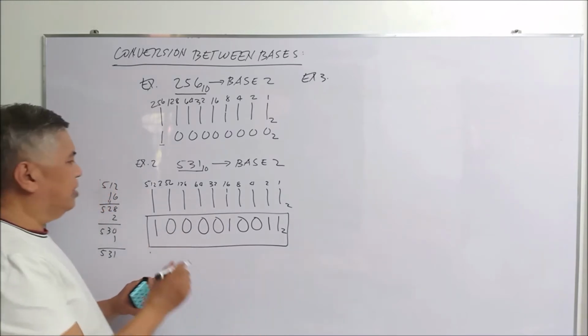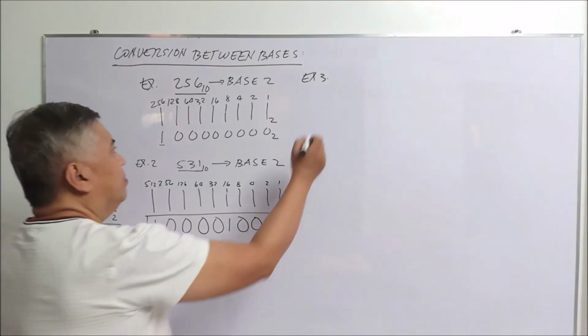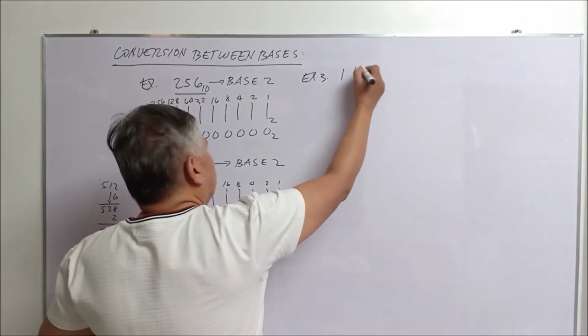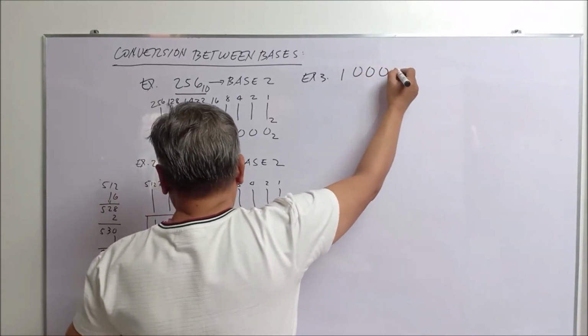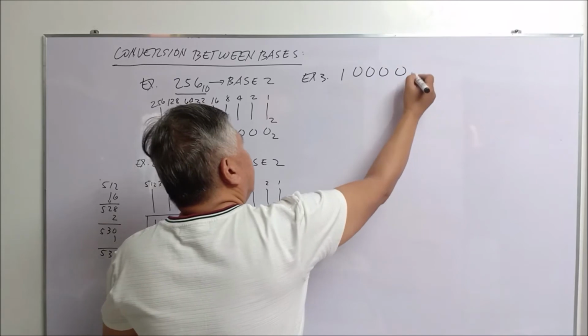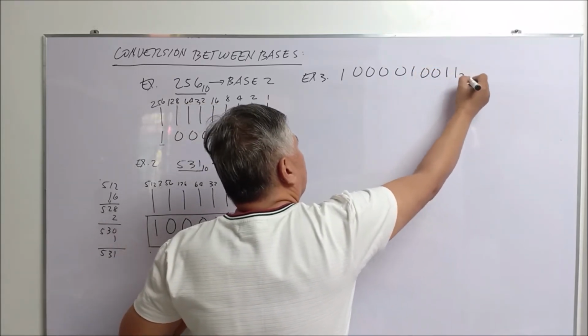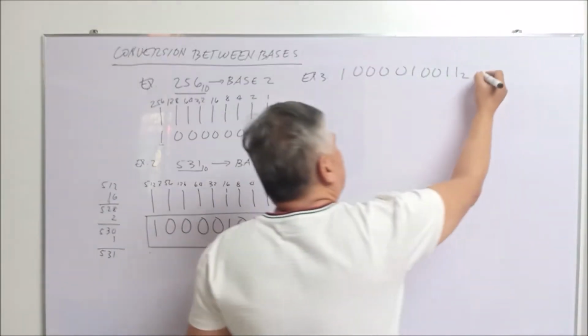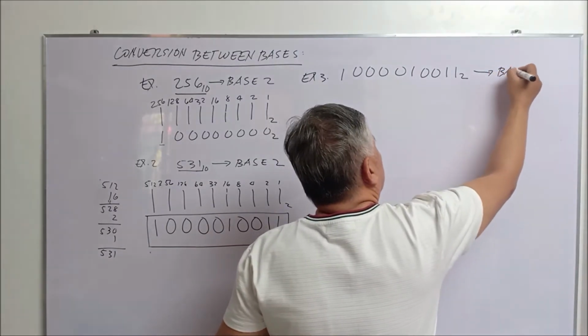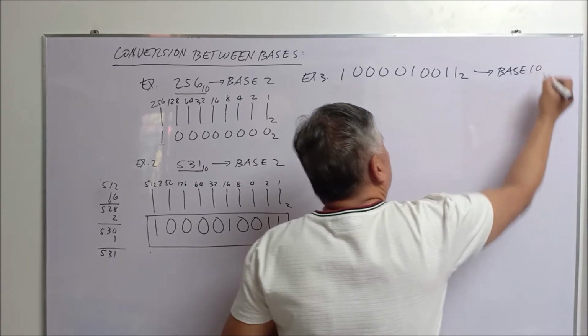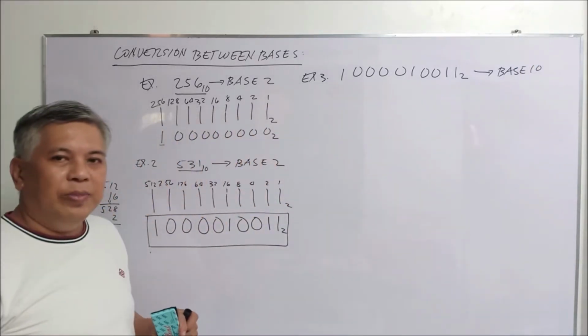Okay? So let's try this one. You have 1, 0, 0, 0, 0, 1, 0, 0, 1, 1 of base 2. We want this converted to base 10 or decimal number.